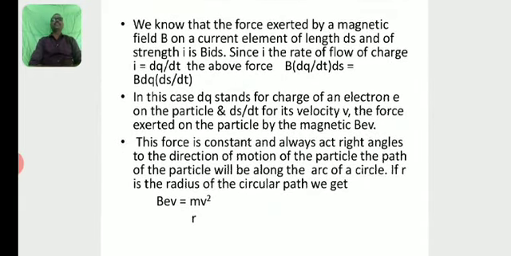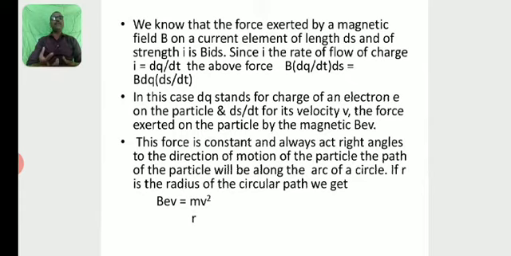We know that the force exerted by a magnetic field B on a current element of length ds and of strength I is BI ds. We know that the force experienced by the conductor, that means the electron, is BQV or BIL, when the direction of motion and the direction of the magnetic field are mutually perpendicular to each other.